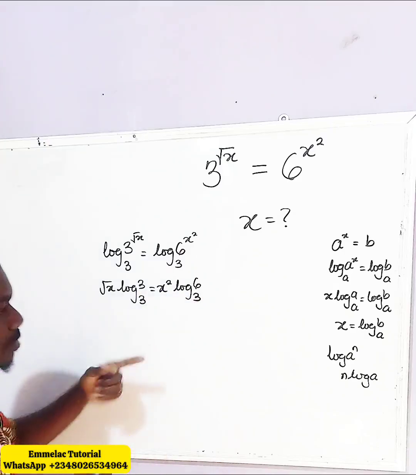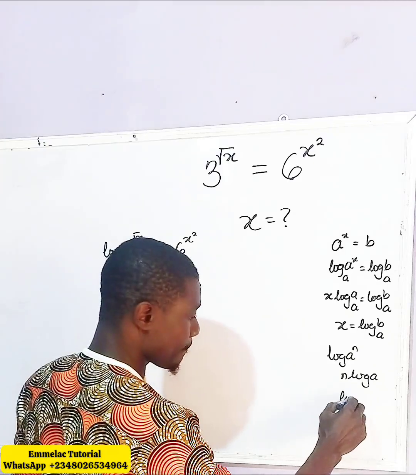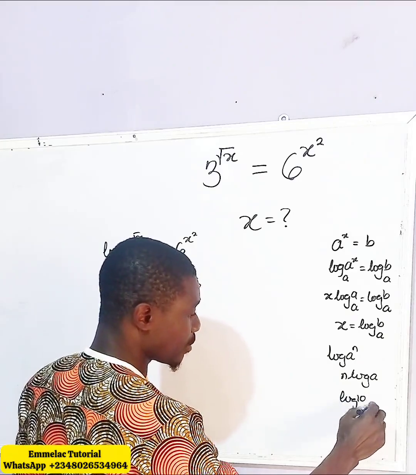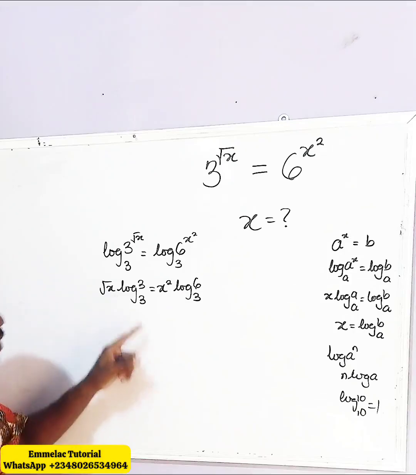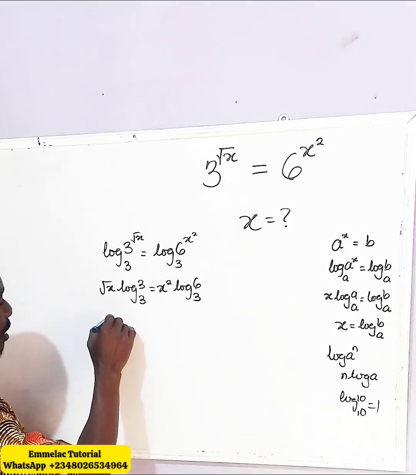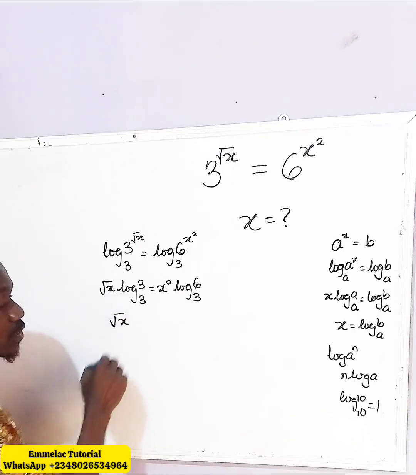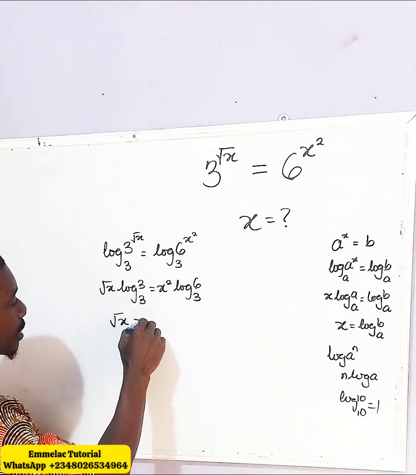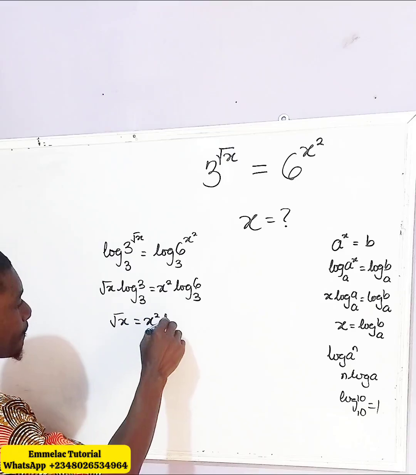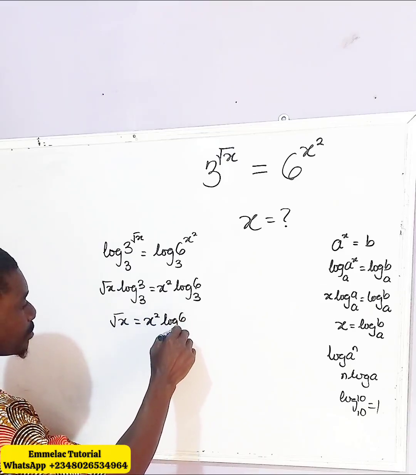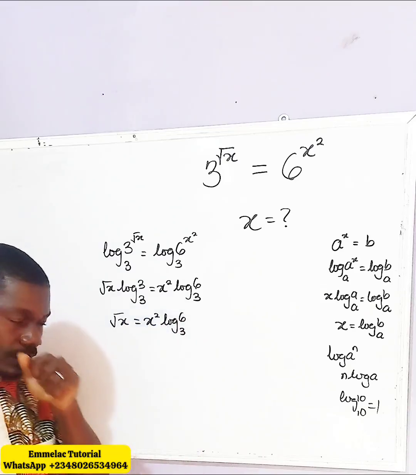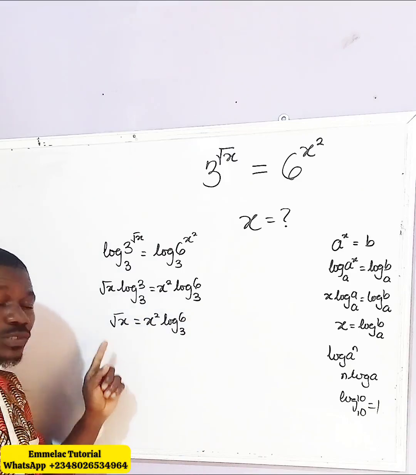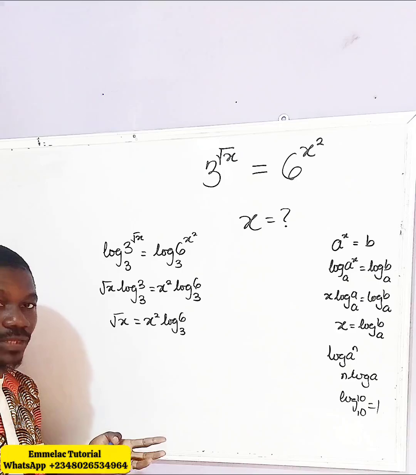Because log 3 base 3 gives us 1, we are left with the square root of x equals x raised to the power of 2 times log 6 base 3.